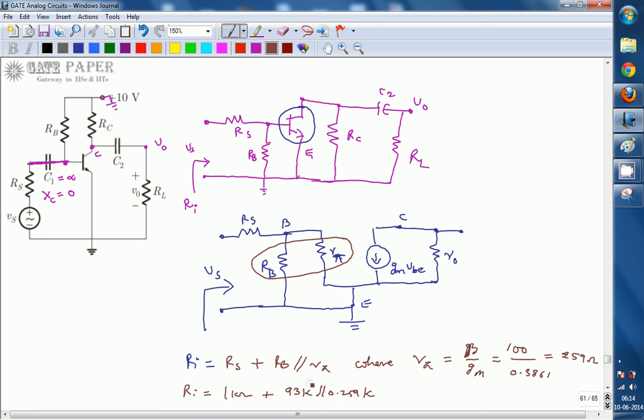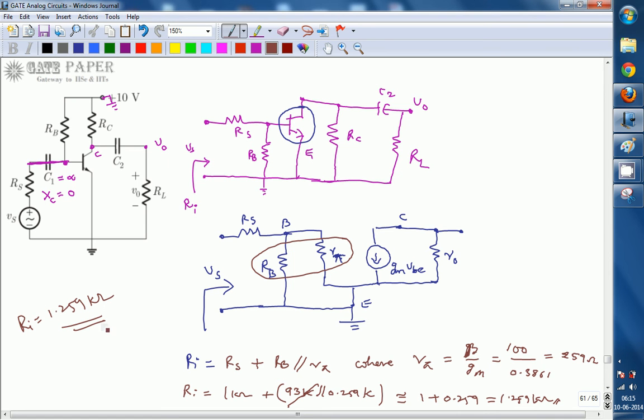A parallel combination of two resistances will be at most equal to the lowest one, or lesser than that value. So you can neglect the 93 kilo ohms, which is very large in the parallel combination, so it will be 1 plus 0.259, that is 1.259 kilo ohms. Ri value is nothing but 1.259 kilo ohms, the resistance seen by the voltage source.